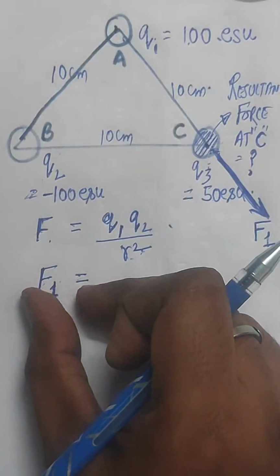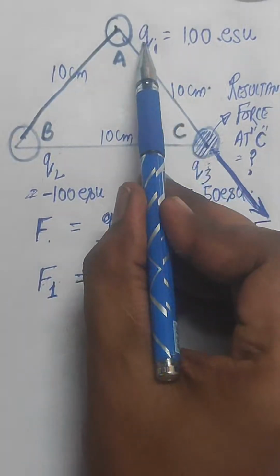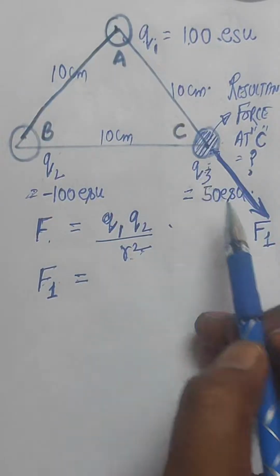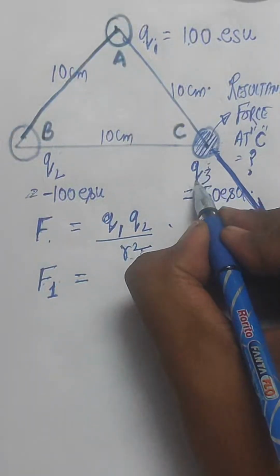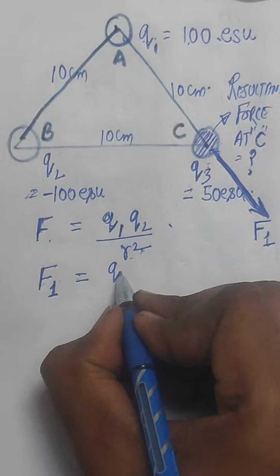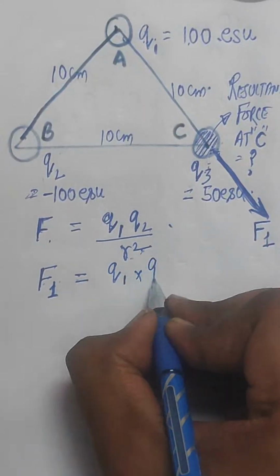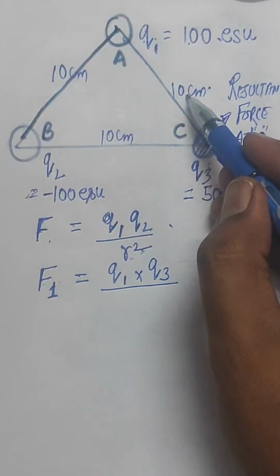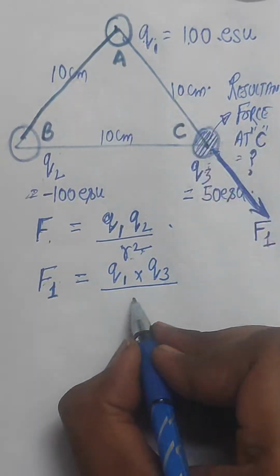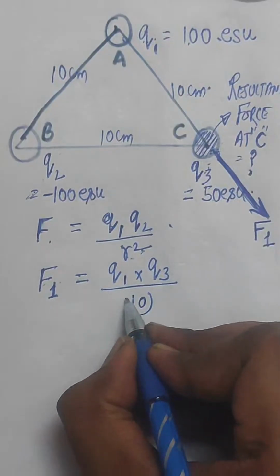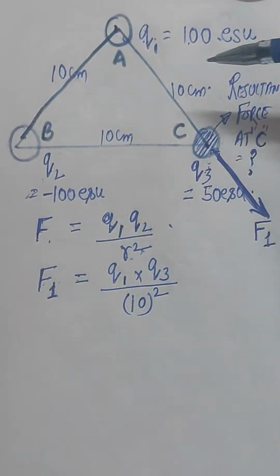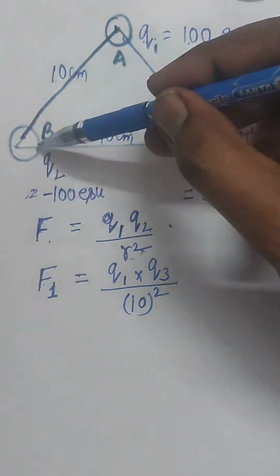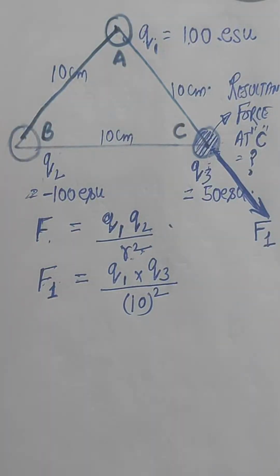What is the magnitude of this F1? That will be equal to Q1 into Q3 by r square, and r square is nothing but 10 square, because it's an equilateral triangle and all the charges are placed at the vertices of the triangle.